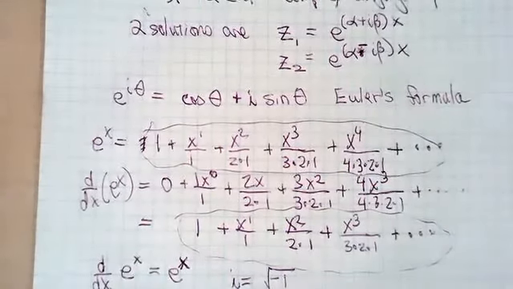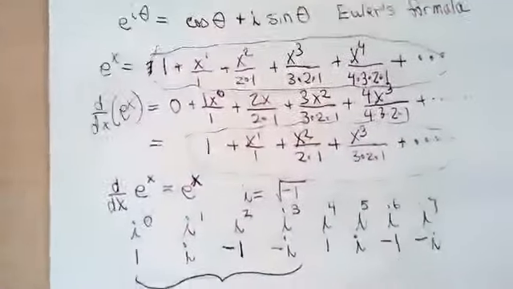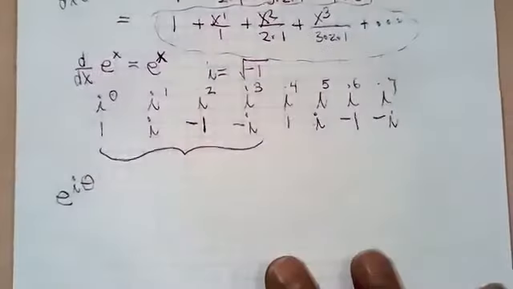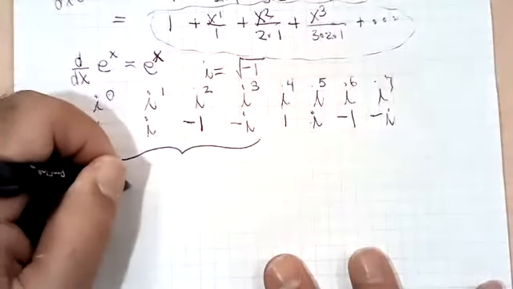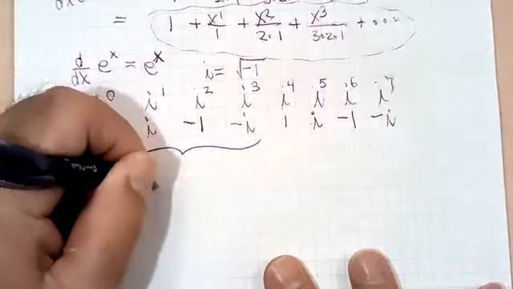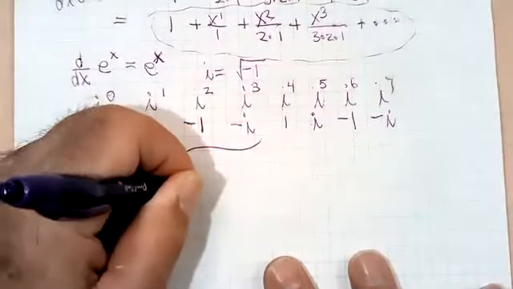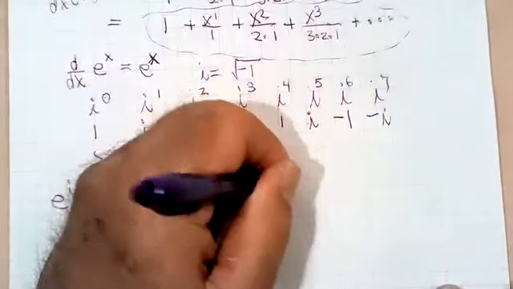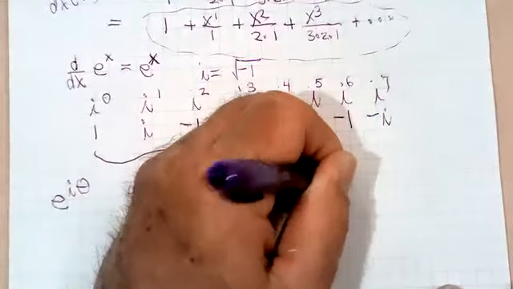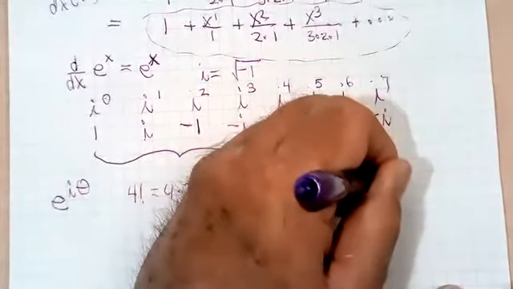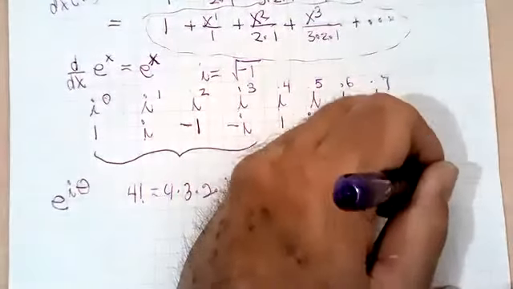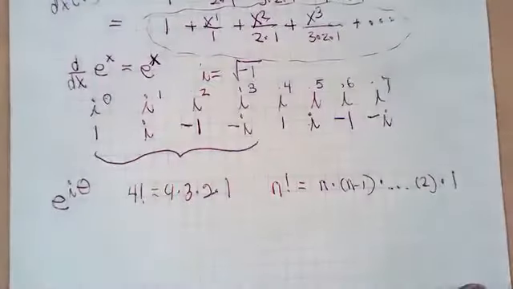So maybe I should just write this down because it makes crummy notes if I just say it. 4 factorial means 4 times 3 times 2 times 1. n factorial is n times n minus 1 times ... times 2 times 1.